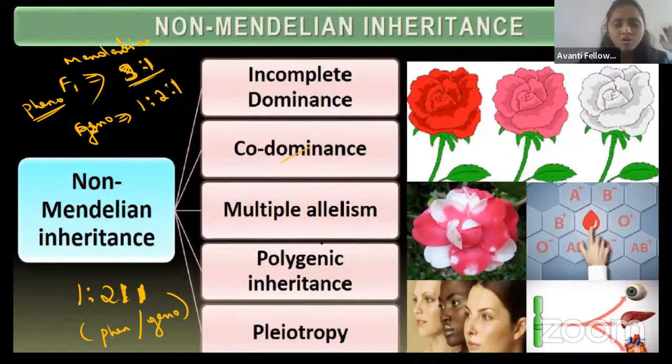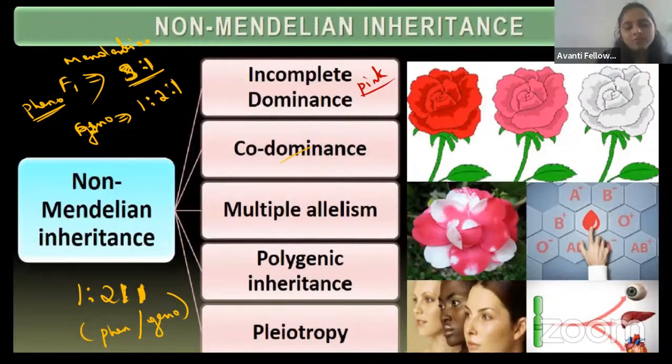So both will express. They will fight. You are dominant, I am also dominant, I will not let you dominate. The red is dominant, but not completely dominant over the white color. So in the incomplete dominance, we will get a pink color flower, where white is also expressing and red is also expressing.